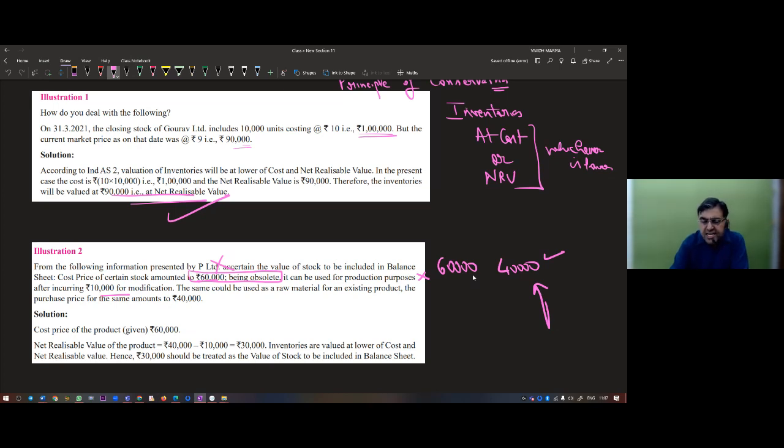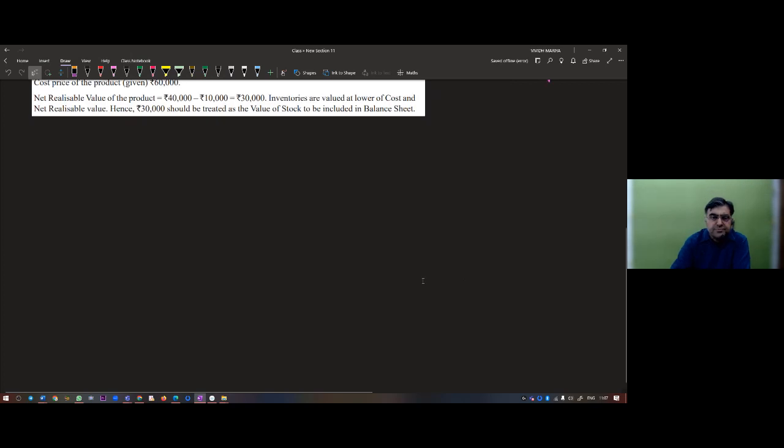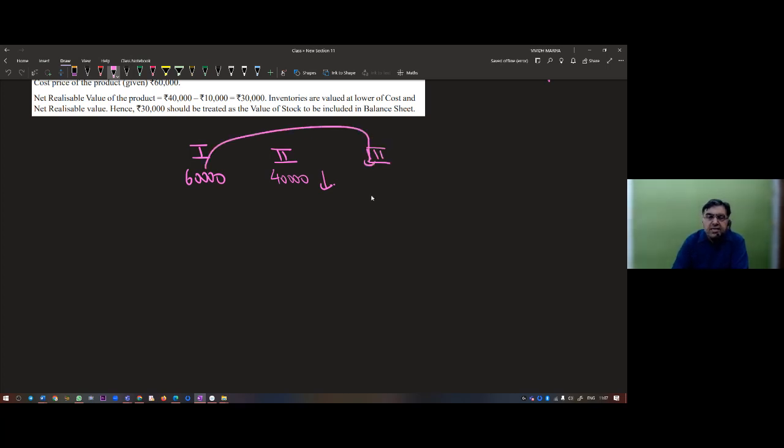Let's understand it in another fashion. First option, obsolete goods. Second option, you buy from the market and have to outflow 40,000. Third option, on this 60,000, you outflow 10,000 and get these goods repaired, and then they are as good as the replacement worth 40,000.